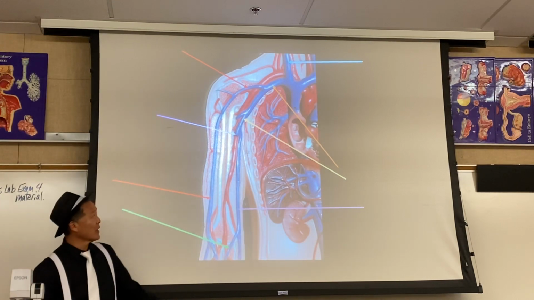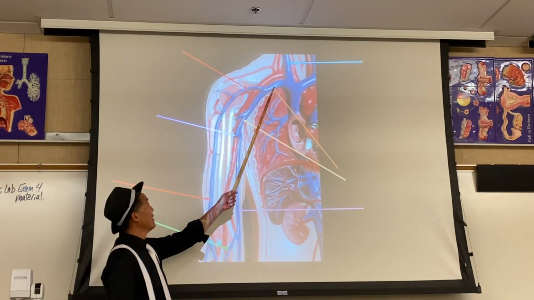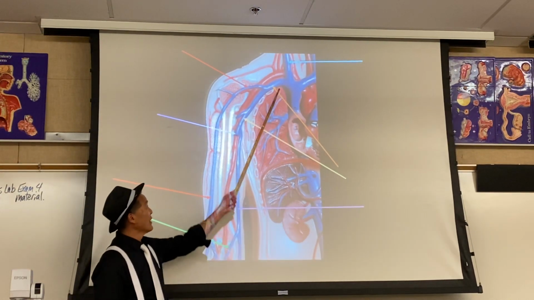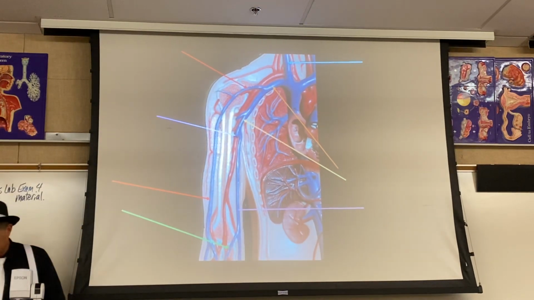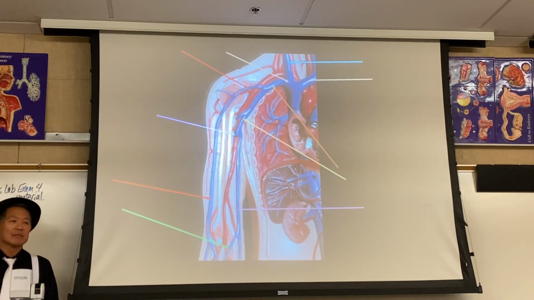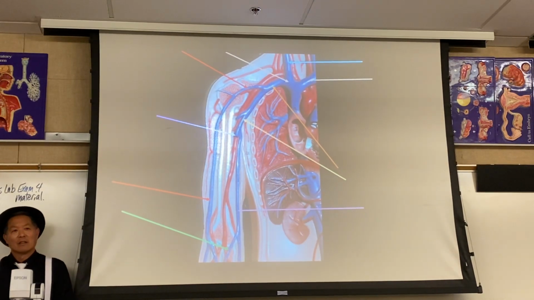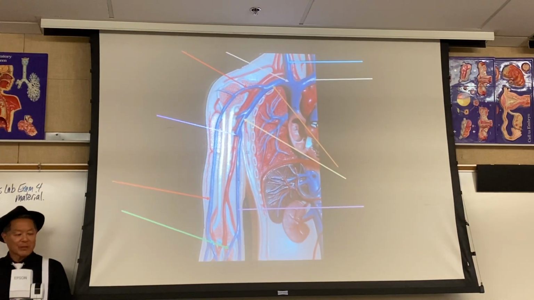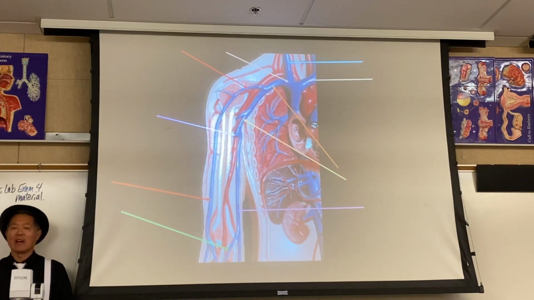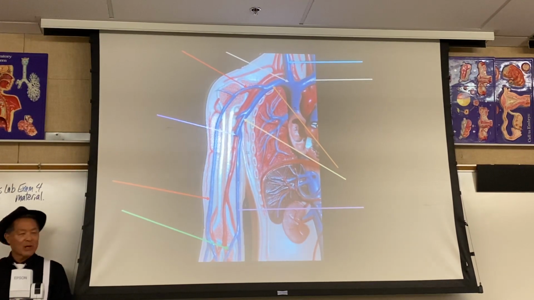Well, this is draining the arm. This is draining the head. So what do you think this vein is called? If it's draining the arm and head, look on page 31. Brachiocephalic.